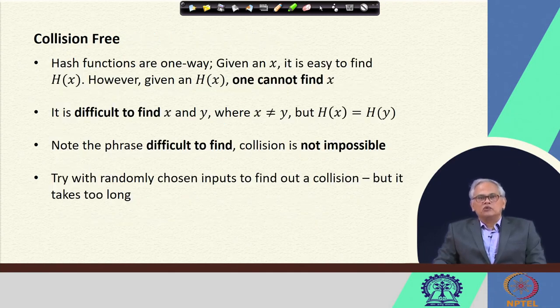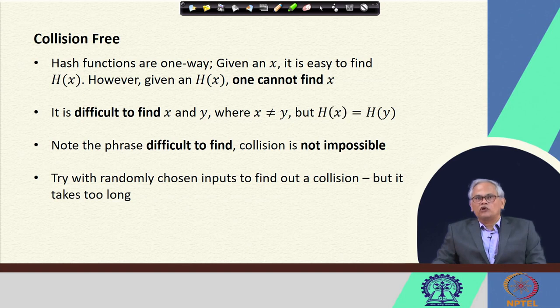Now, we mentioned the collision free property. These hash functions are one way functions, meaning that given x, it is very easy to find h of x, as we said that it should be efficiently computable. So, h of x can be obtained very efficiently from x. However, given any h of x and not knowing x, we cannot determine x.